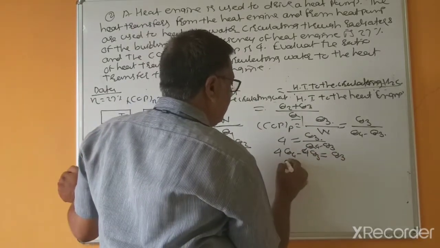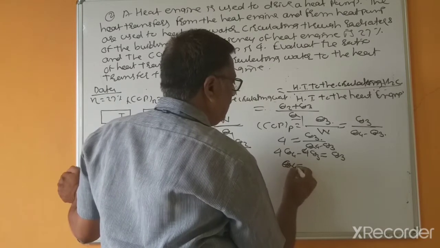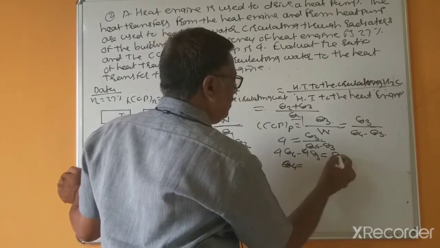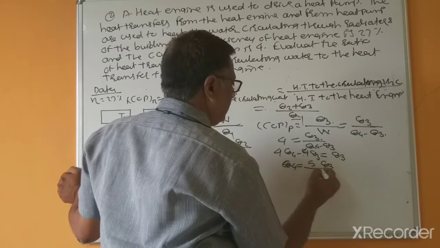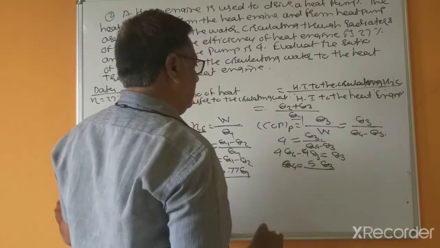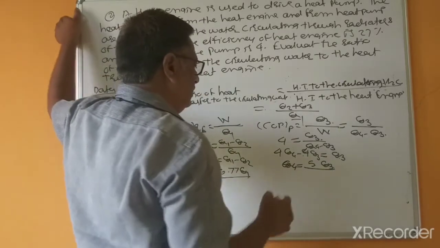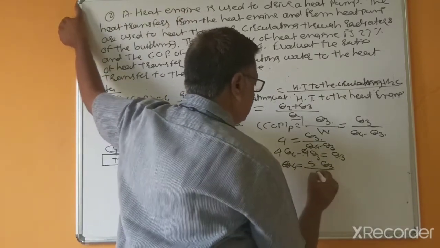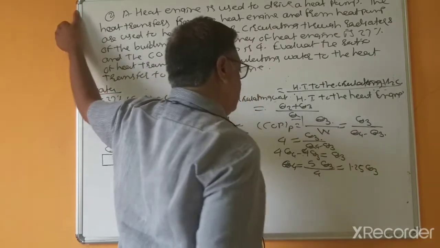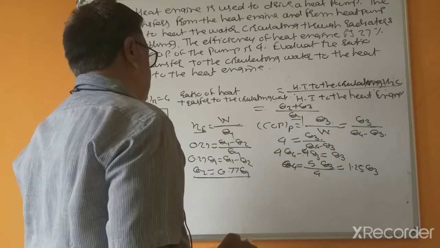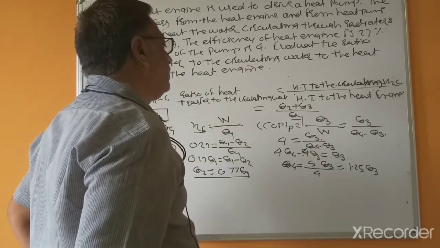Taking this to the right-hand side, Q4 equals 5 Q3 divided by 4, which is 1.25 Q3.